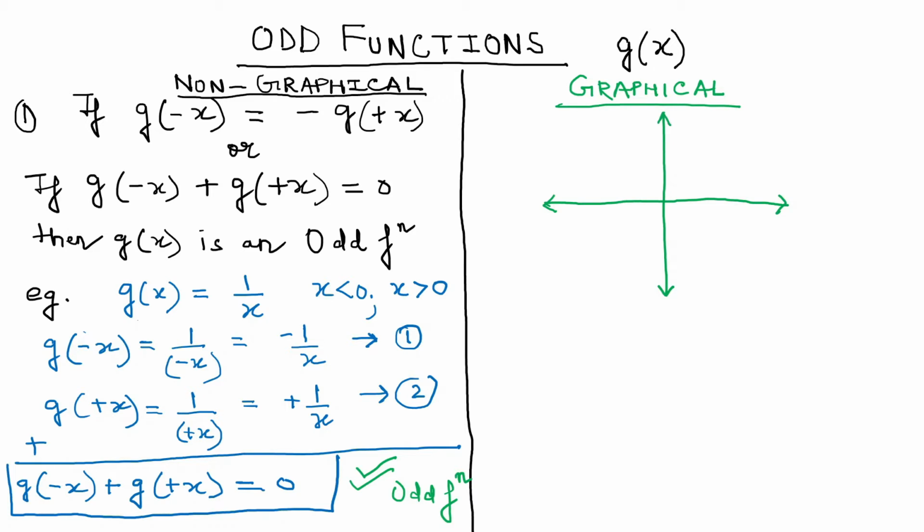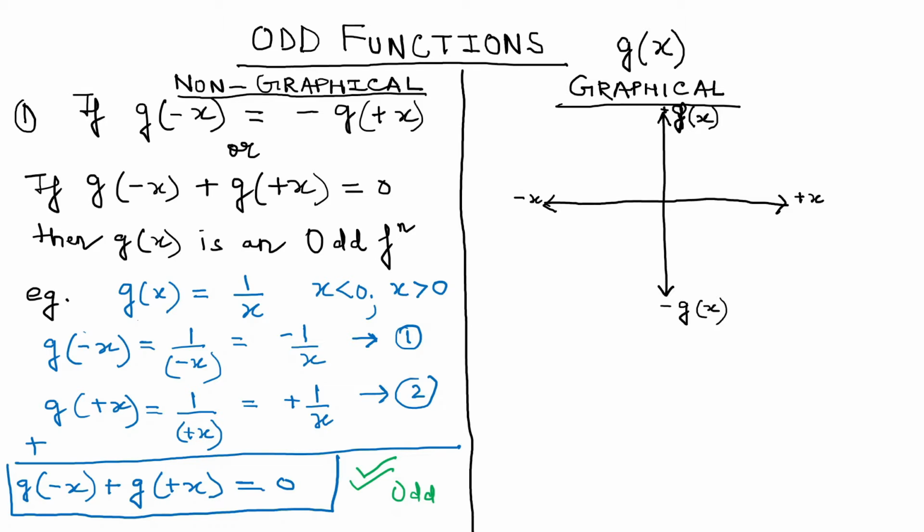So we know that this is the positive side of g of x, this is the negative side of g of x, the positive side of the x-axis and the negative side of the x-axis.